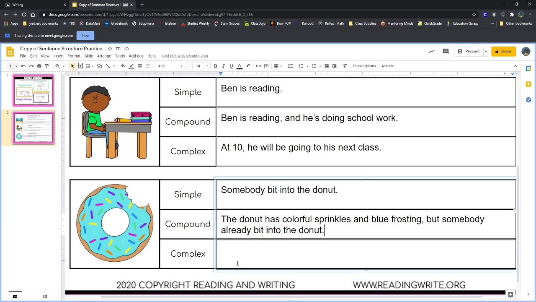Now we need a complex sentence about the donut. Jadine, what do you think? Complex sentence? I'm sorry. Well, tell me a simple sentence and we can fix it into a complex sentence.